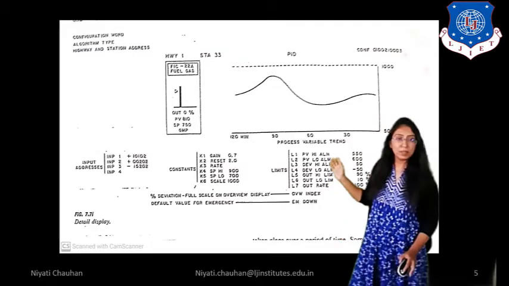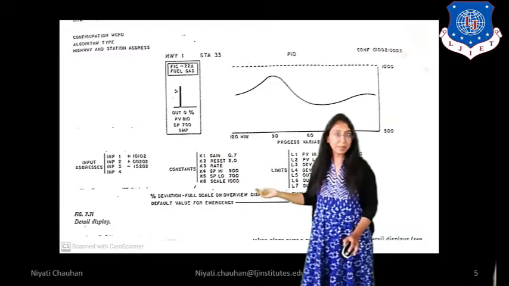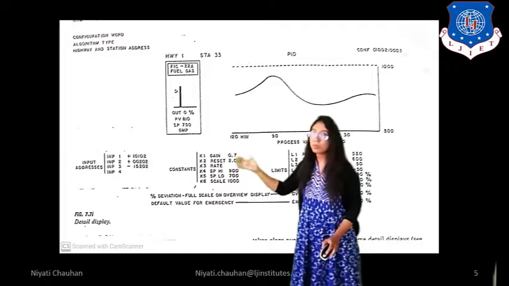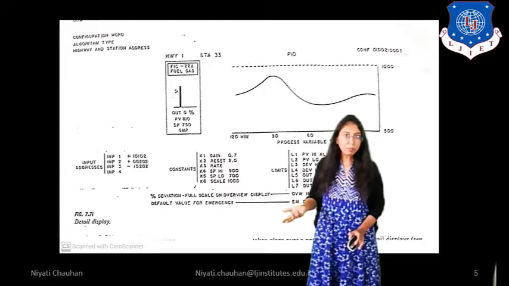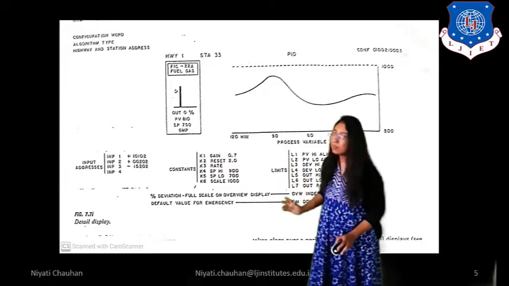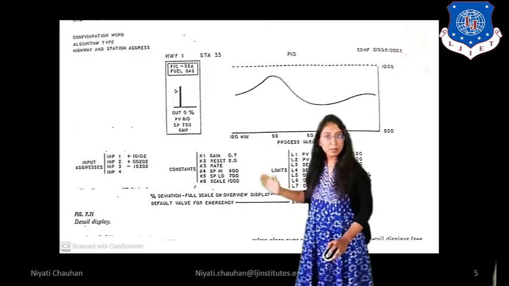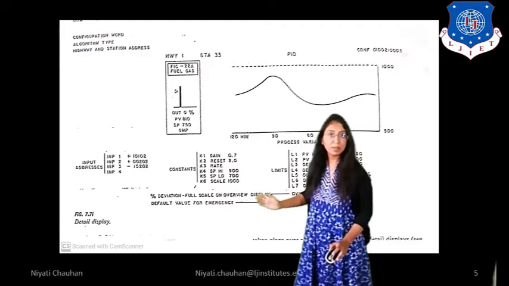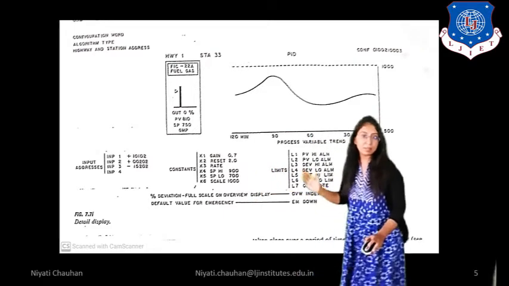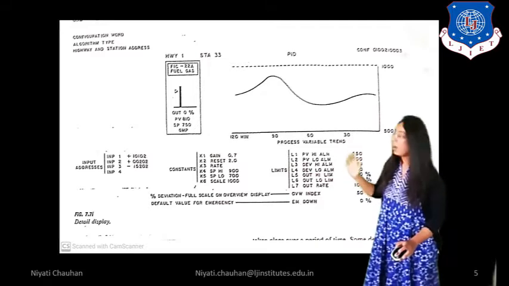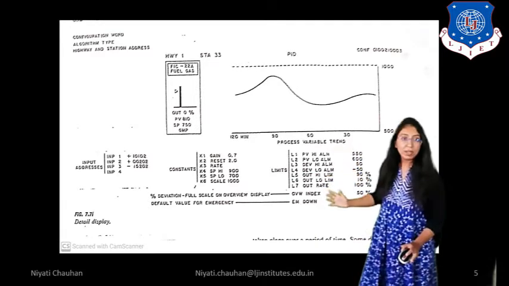So here you can see the graph of a detailed display. In detailed display, first we give inputs, right? Inputs can be in 10 to 10 form. Then some constants are available here: gain, reset value, high set point, low set point. So these are constants. And then limits. You can see high level limit, low level limit. All limits are available here.